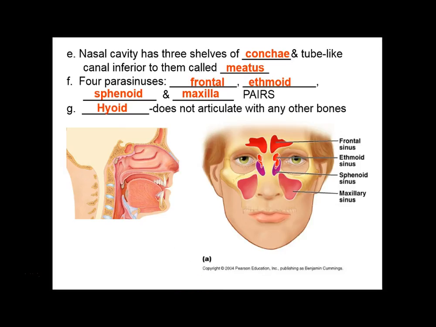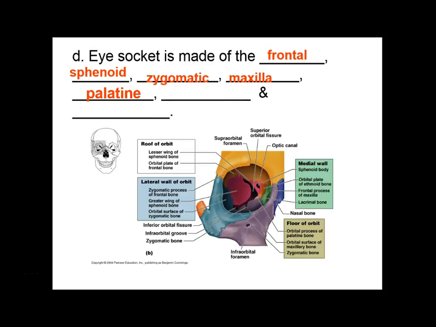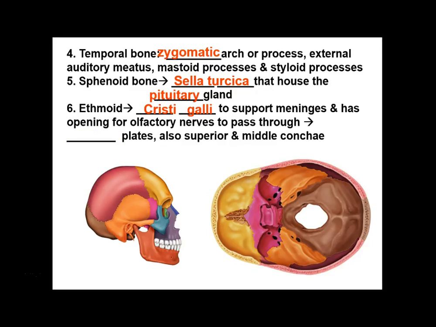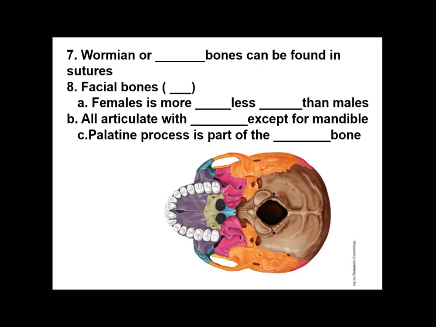Before we go to the vertebral column, I want to go back just to make sure that you recognize the facial bones. Let me get to a picture that has them. That bright royal blue, that's your two nasal bones. The dark purple, the upper jaw, is the maxilla. The mandible is the kind of coral jawbone. The light blue is the zygomatic bone. The little green one is the lacrimal bone.